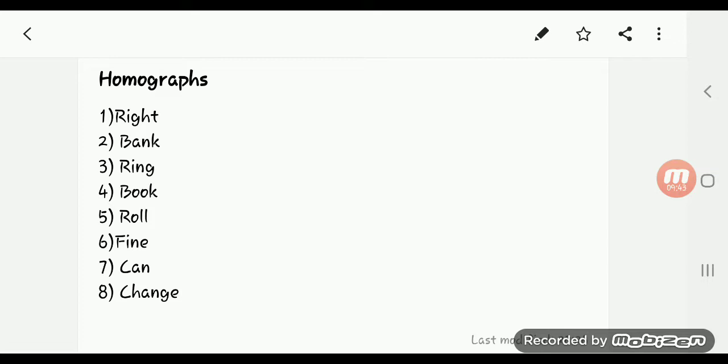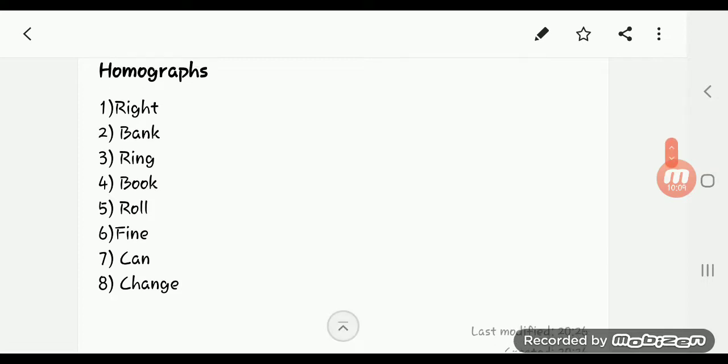Okay. And last, change. Change is like to alternate or to make a difference. To change, that is a verb. And one change is keep the change. Suppose my bill is 147 rupees and I give 150, then I say keep the change.